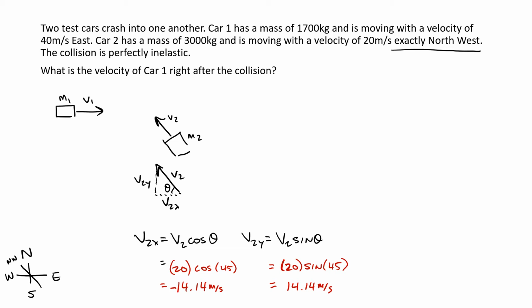All right. So now we can do the horizontal momentum and look to see what we have. Horizontal. So initial is going to be P1 initial plus P2 initial, equal to P1 final plus P2 final.